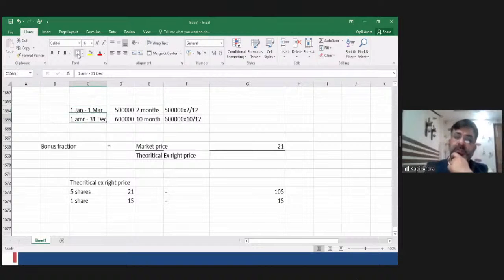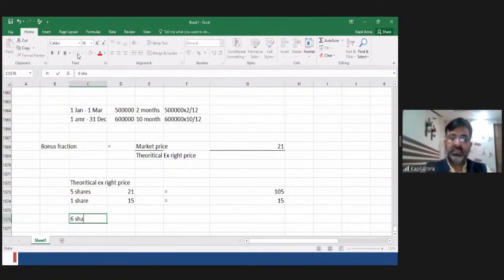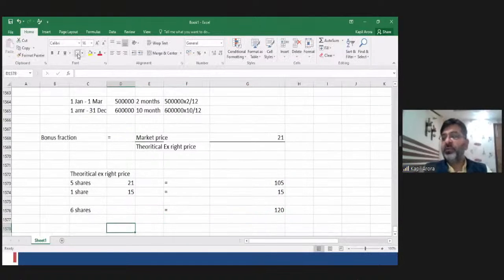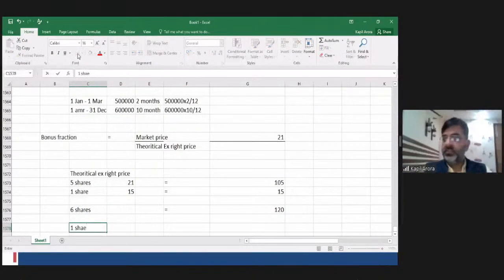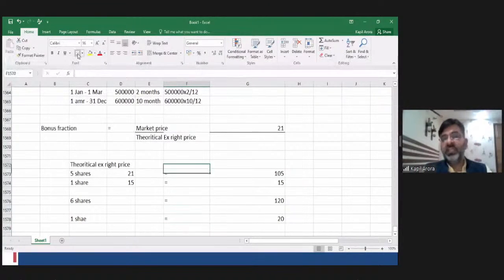The theoretical exercise price: if I want to get this one share extra for 15 rupees and I don't have those shares, first I will buy 5 shares at 21. Then I will buy one share. So the total 6 shares would cost me a total of 120. If 6 shares are of 120, what is the value of one share? 120 divided by 6. So the theoretical exercise price of the share is 20.